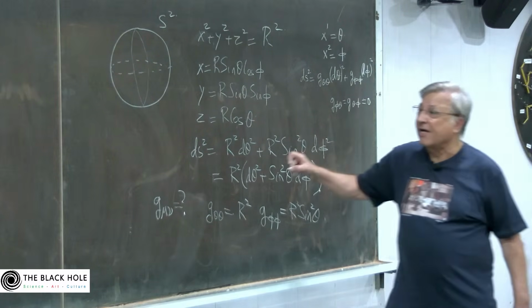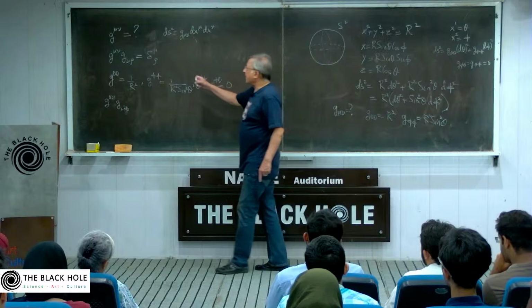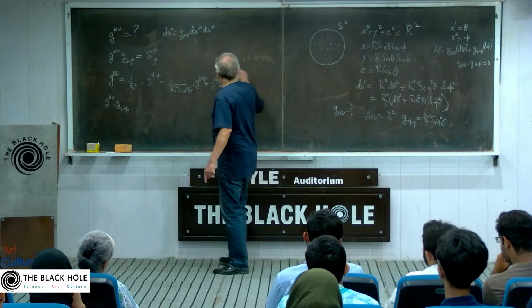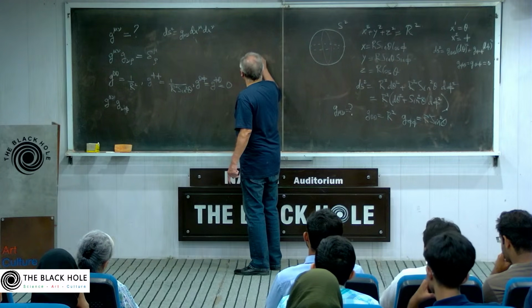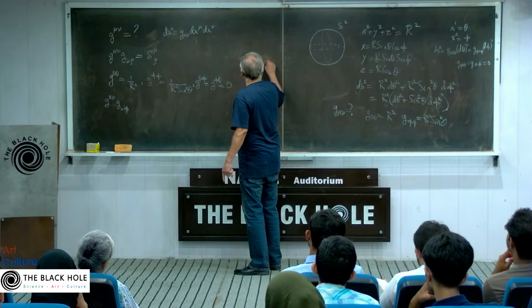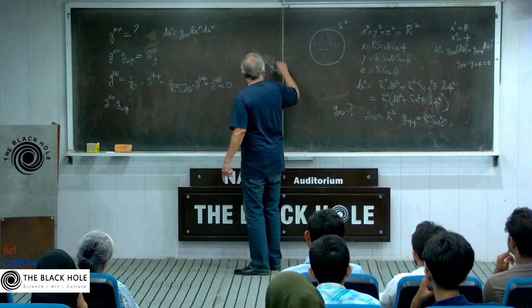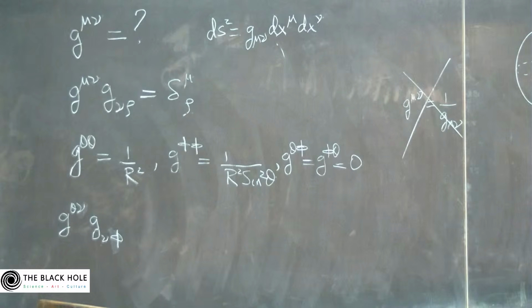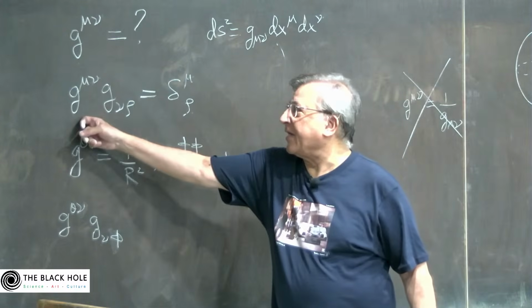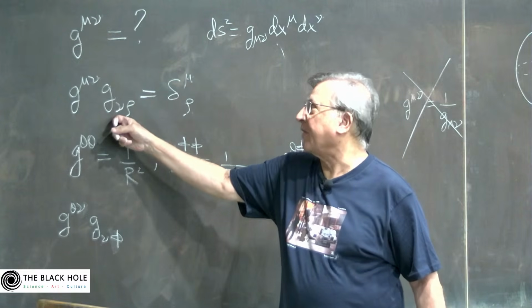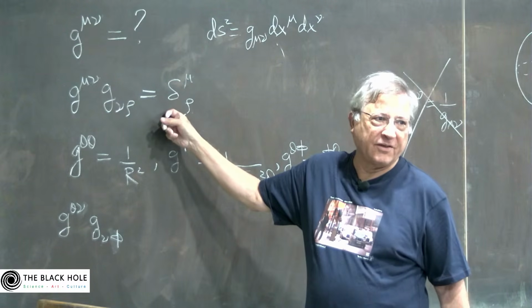No, this is the definition. It has to be. So no, I'm not saying no. I'm not saying g mu nu is equal to 1 over g mu nu. No. I'm just saying that when you multiply these two matrices together, you should get the unit matrix.